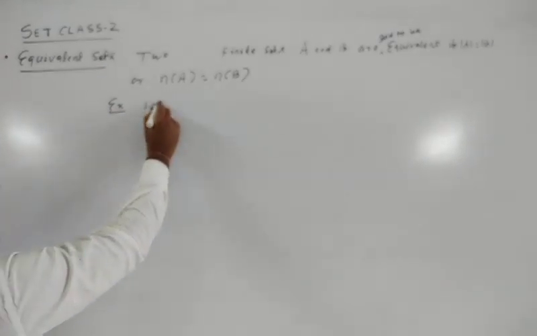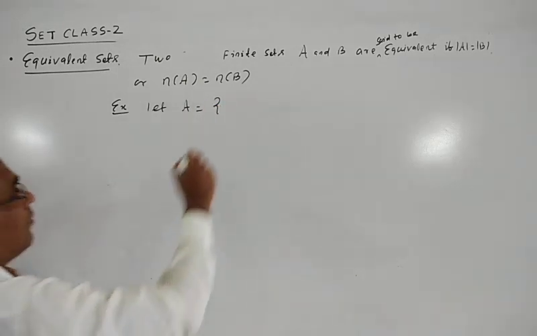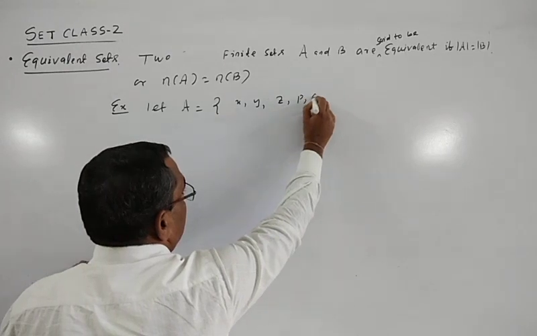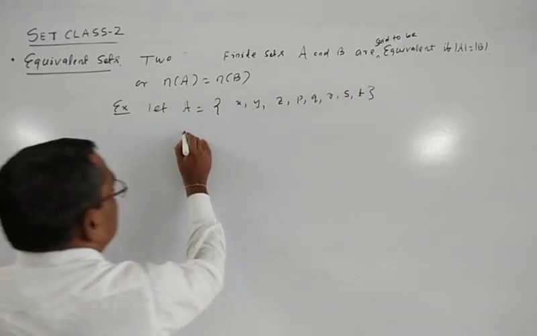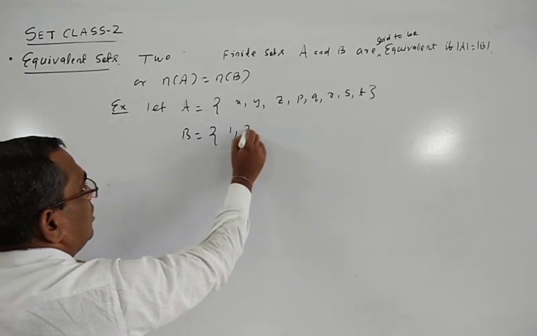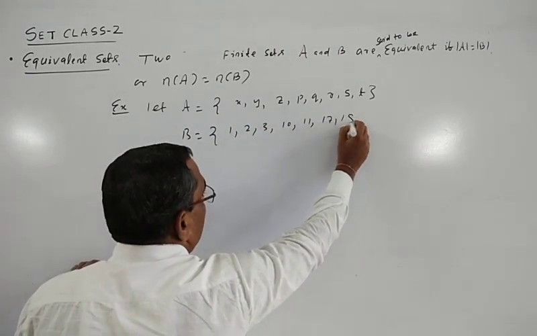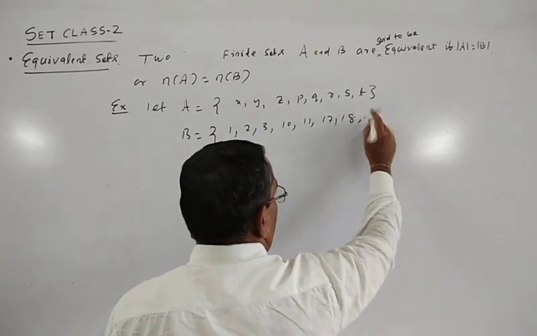For example, let A be equal to x, y, z, p, q, r, s, t. B set is 1, 2, 3, 10, 11, 17, 18, minus 100 or 100.